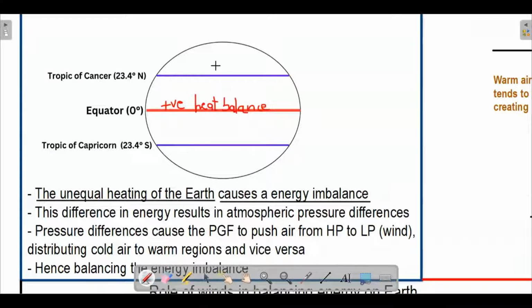Remember, you have processes such as reflection, absorption, scattering, and so on, and so you do lose some energy on the way in the atmosphere. But because the equator receives direct sun rays, and these rays are concentrated over a small area, there's a positive heat balance here.